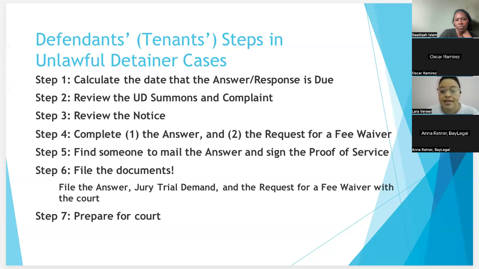It also can help a tenant come to a favorable settlement agreement and provide additional leverage when preparing for trial. Step four is completing the answer and the request for a fee waiver.